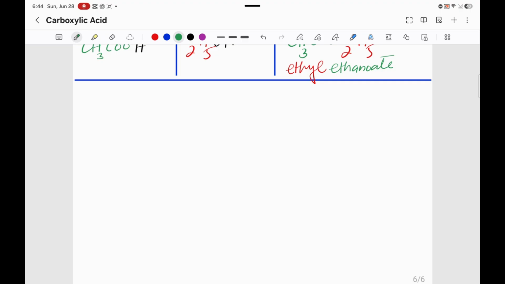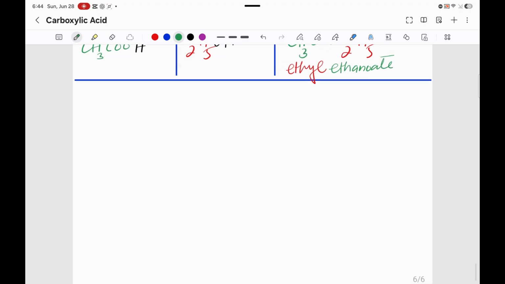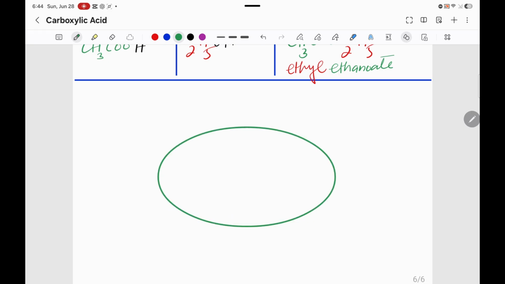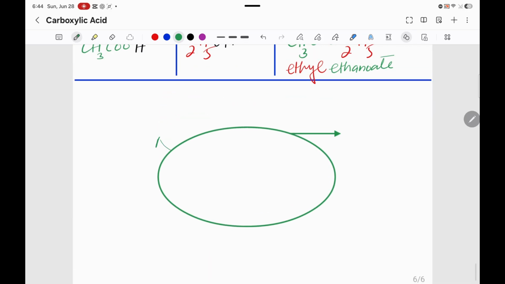The last topic is uses of esters. So let's write them. Uses of esters. We have to discuss 3 uses of esters.